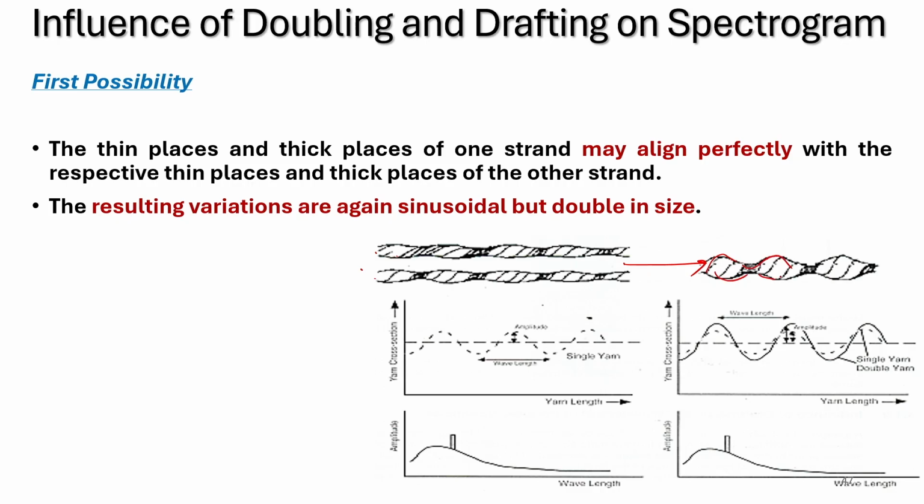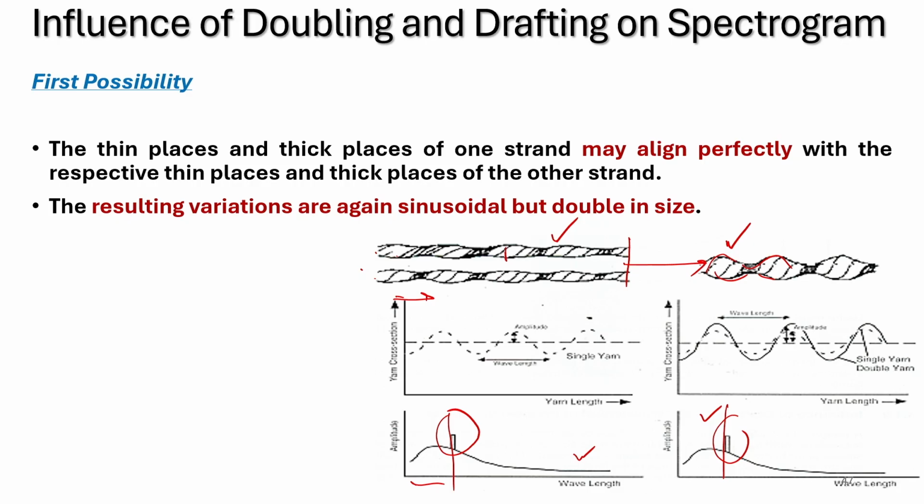Here it is magnified, but if we talk about the spectrogram, the nature of the spectrogram will be exactly the same. The spectrogram measures the wavelength of the periodic fault. The periodic fault will remain the same, only the thickness will be doubled, and for a certain length the number of repeats will be the same. So, the chimney is occurring exactly at the same position.